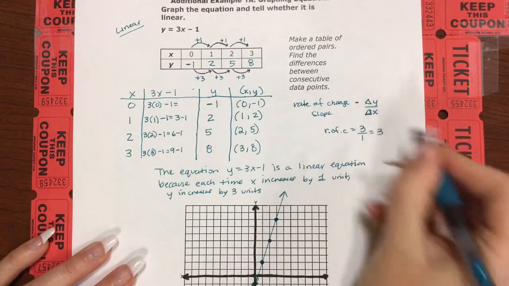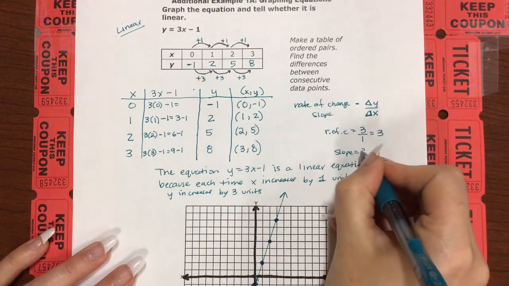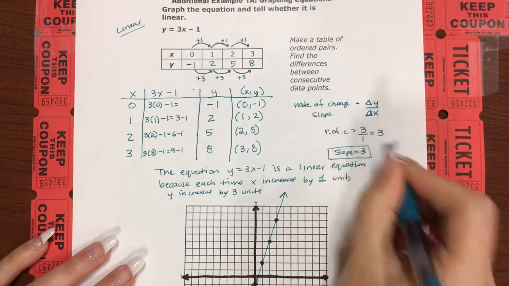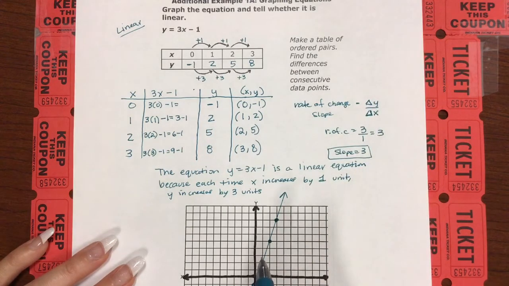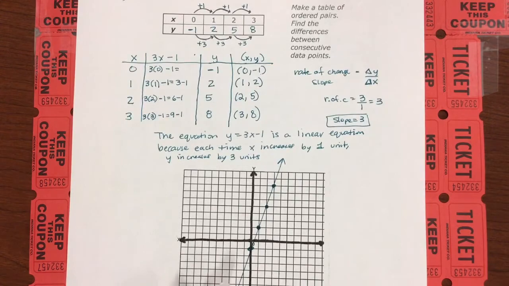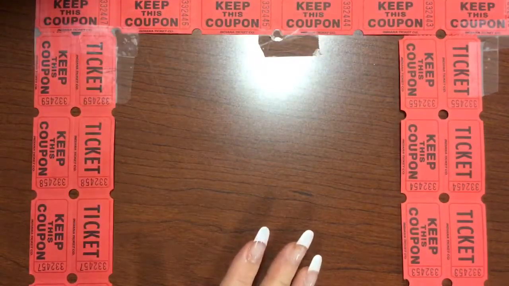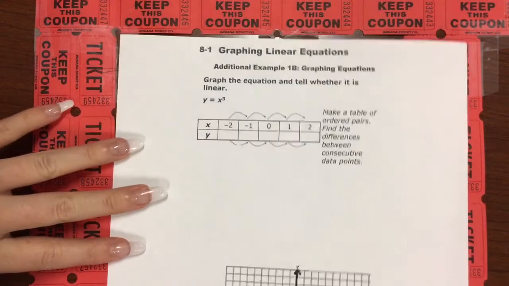And so we could just write that as 3, which really means that the slope is equal to 3. In some of the previous videos, we'd be here and we'd go up 3, 1, 2, 3, over 1, up 3, 1, 2, 3, over 1. And so all these ideas are starting to connect a little bit. So there you go. That's example 1A. Let's go ahead and look at the next example, which is example 1B.